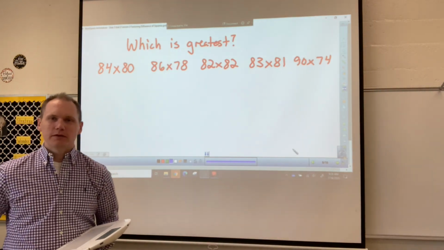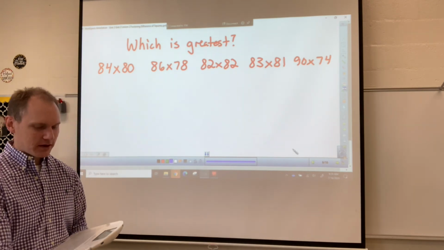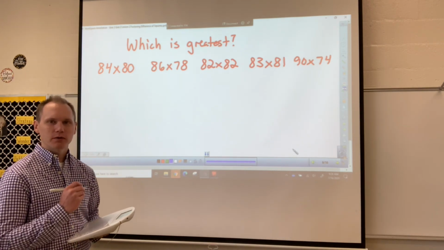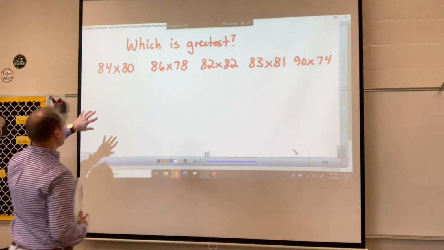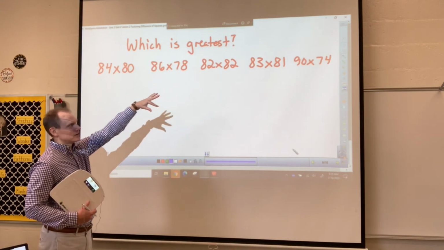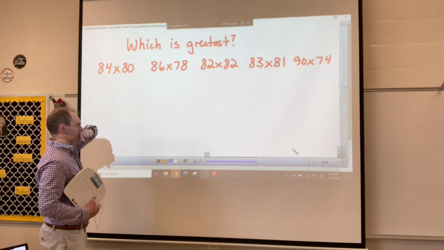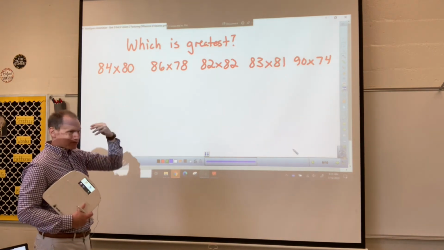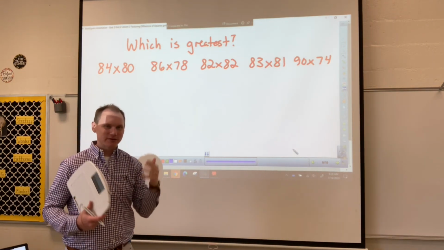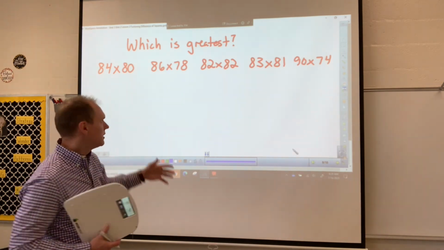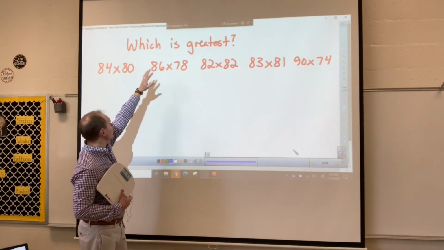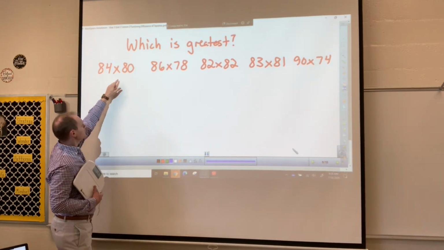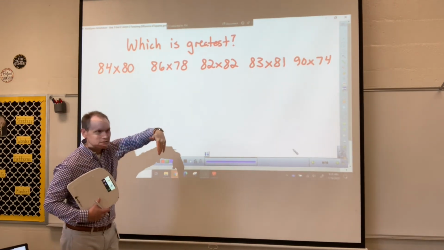So let's talk about these 5, and the best scenario here is to actually rewrite each one of these as the difference of two squares. So what is the middle value of each of these? 82. So that makes it really challenging to think about which one's greatest because they all have the same sum, like 84 and 80 add up to 164, and so do the rest of these.